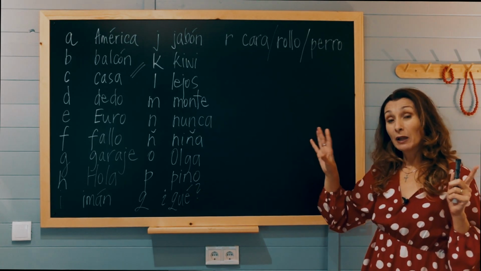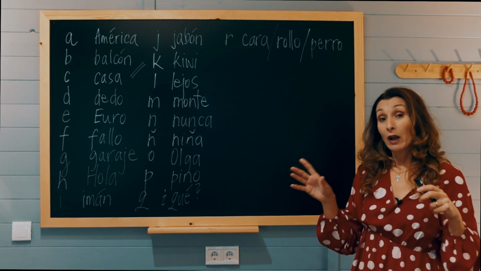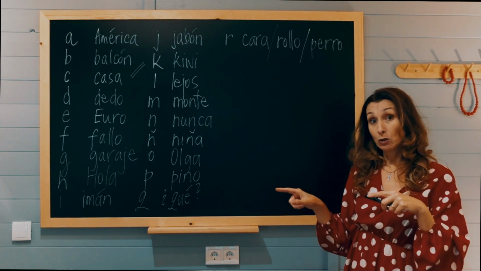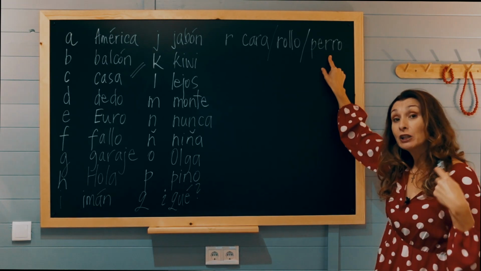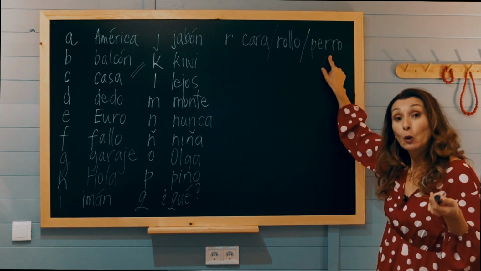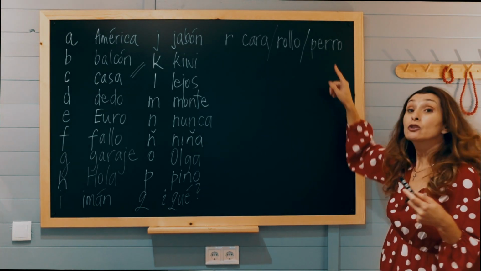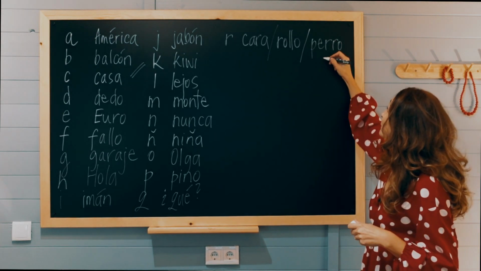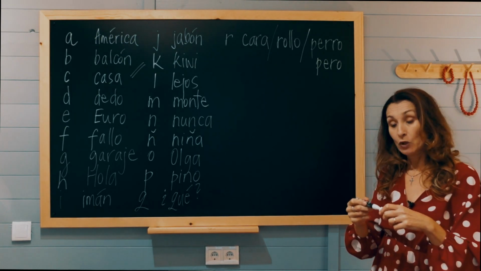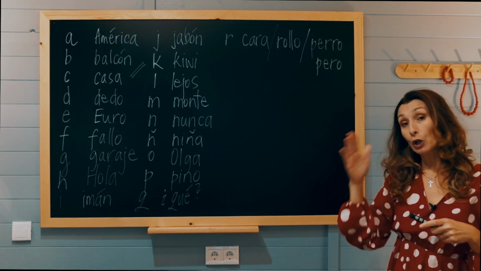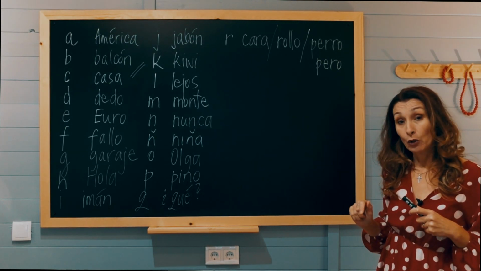Why is it important? Because sometimes you will have pairs of words where the only difference is single or double R. For example, perro has double R and you need to roll it more to distinguish it from simply pero, which is a single R. You roll it not as much as perro, okay?